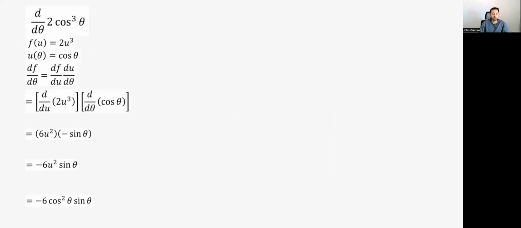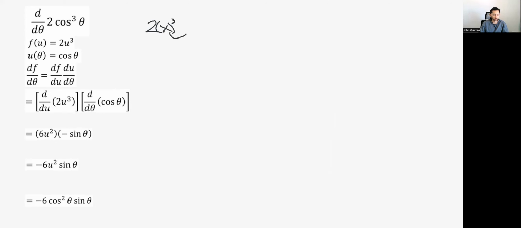Okay, so we're going to do 3 cosine cubed. So imagine all this is like saying 2x cubed. For this one, it looks like we're going to use the chain rule. So we've got like the outside function, which is this big thing, and then we have the inside part.